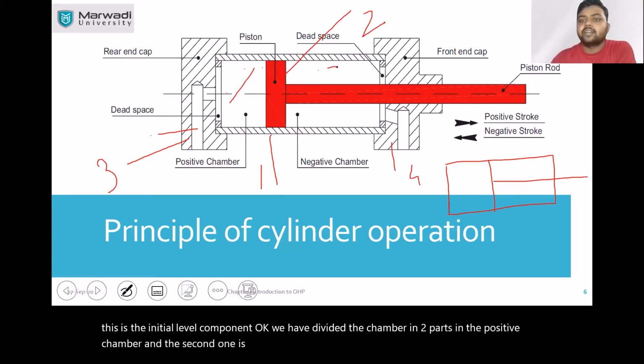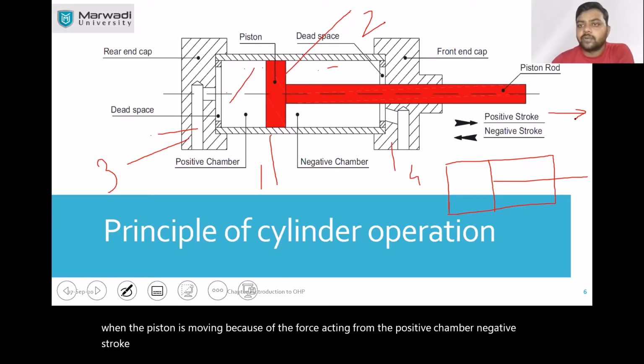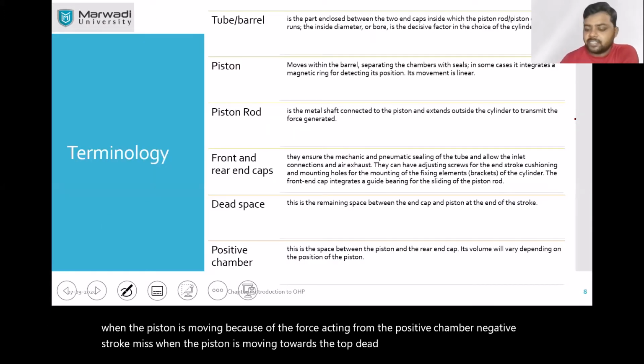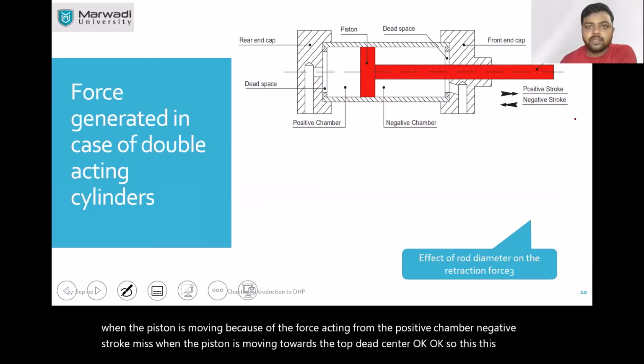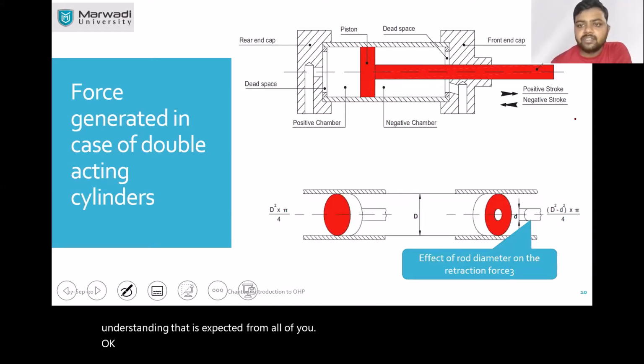We have also understood that the positive stroke means the piston is moving because of the force acting from the positive chamber. Negative stroke means the piston is moving towards the top dead center. This was the basic understanding that is expected from all of you. Then we also wrote equations for the force generated in the positive and negative strokes.